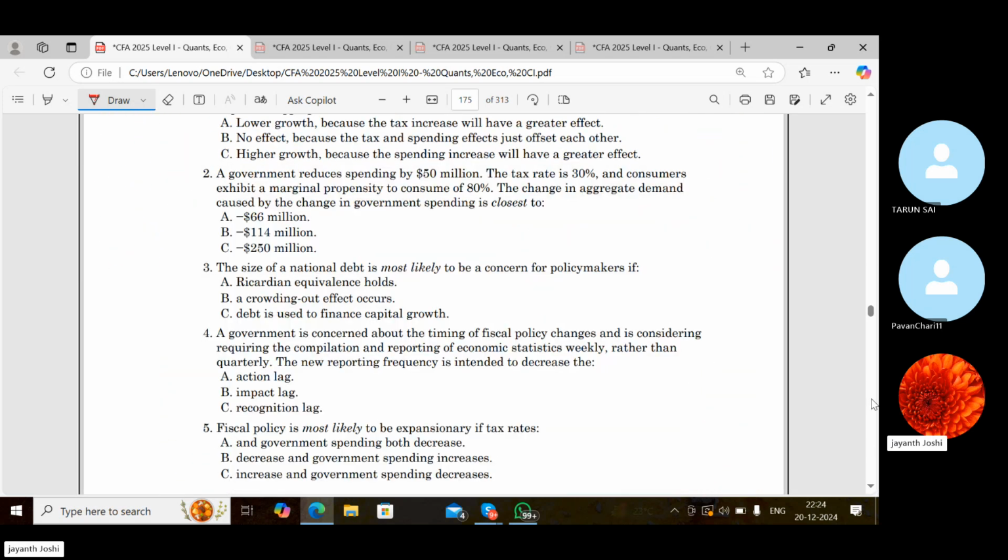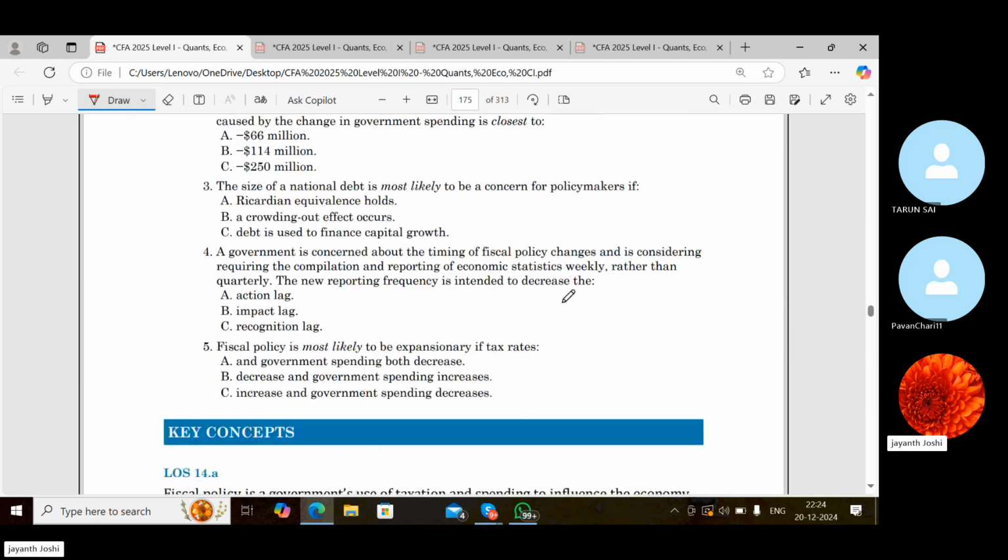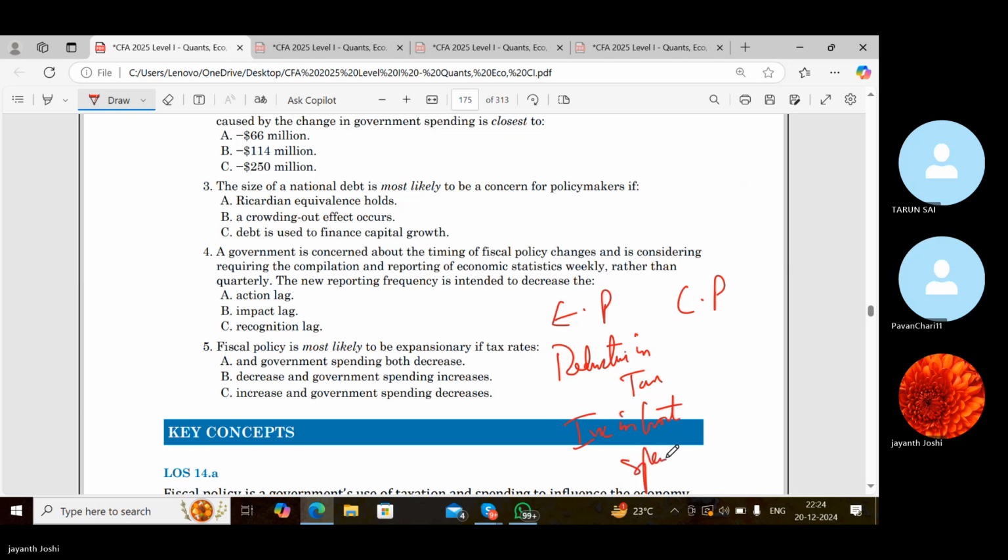So I'll write something typical about expansionary policy and contractionary policy. Expansionary policy: reduction in taxes, increase in government spending, and reduction in taxes means more disposable income. And that leads to what?